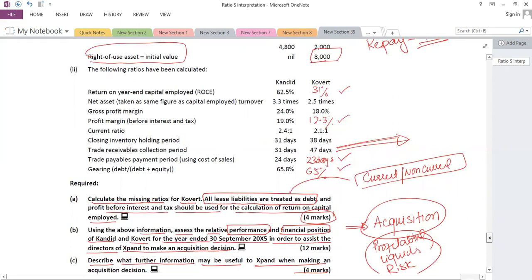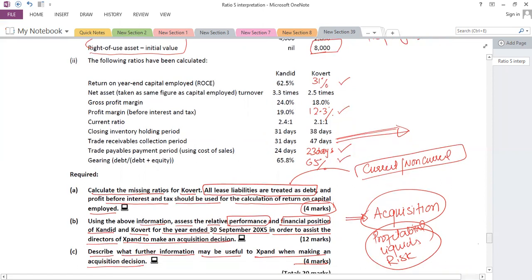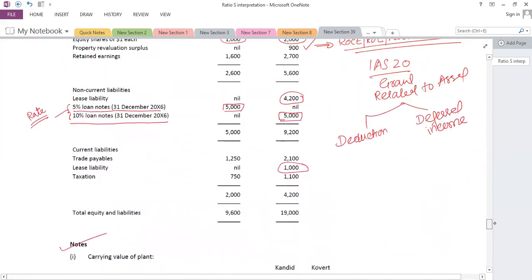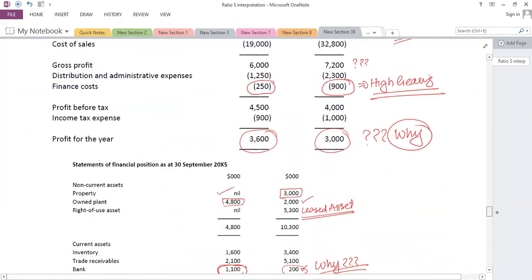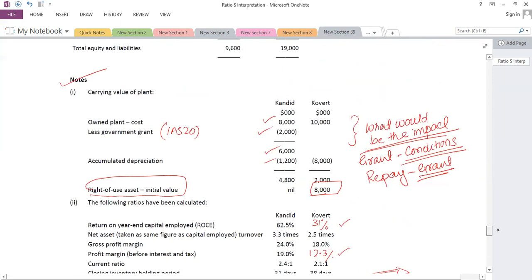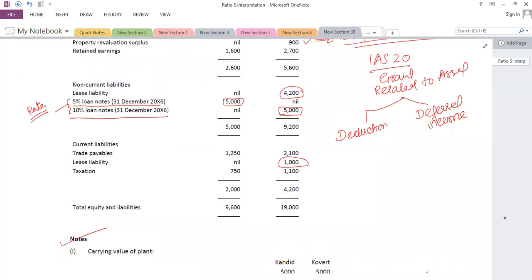Your focus should be on reasoning, discussion, analysis, finding the data, identifying the reasons and information. You can see here in terms of gearing, if it is identical but very huge gearing, then why is there a difference in finance cost? Cause for concern. Finance cost is 900 versus 250. The reason might be the rate given: 5% loan note versus 10% loan note.